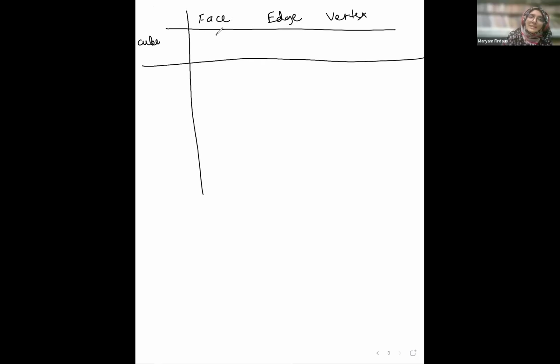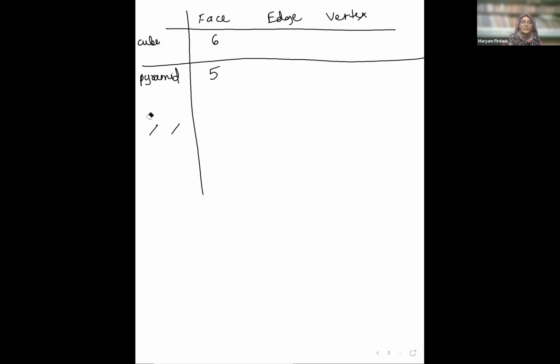Okay, so a cube has 6 faces. What about a square pyramid? Five. Yes, very good. It has 5 faces.